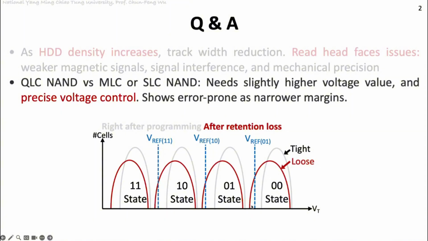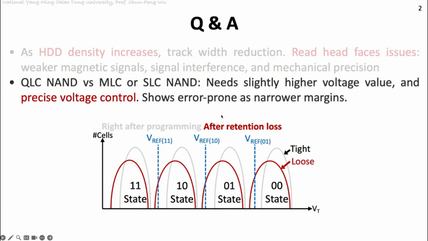So this area and this area will be misjudged. For example, if the voltage is in this area and we read the data inside the cell, it will be judged as 0, 1, for example. But actually for this kind of cell, the data is 0, 0, not 0, 1. So there is a misjudgment here.